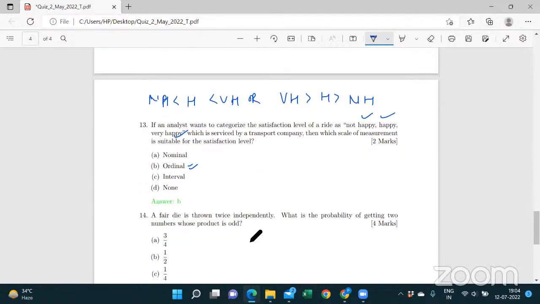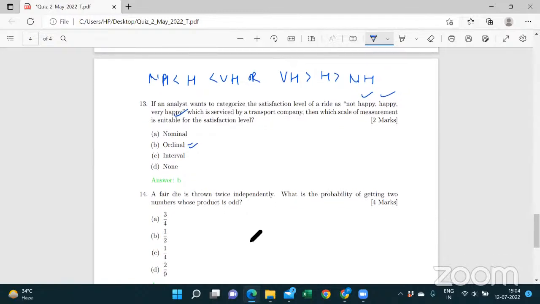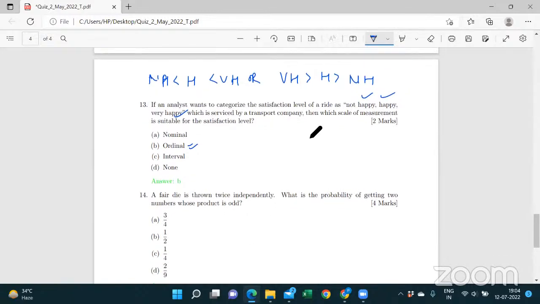Sir, at first I took nominal, sir. At the last moment I changed to ordinal. So why nominal? It's directly ordered, right? I thought, sir, we are thinking at the IIT level, but we didn't expect this. It happens in the exam. This much easy a question will not come in the IIT exam.